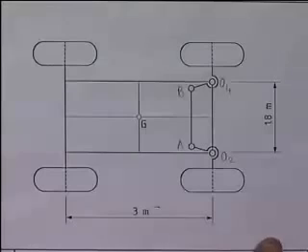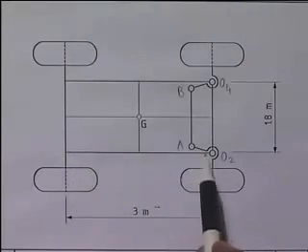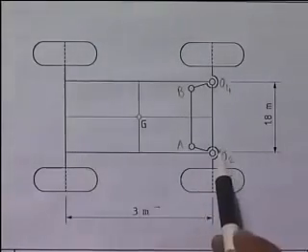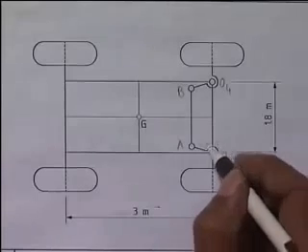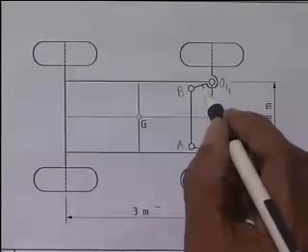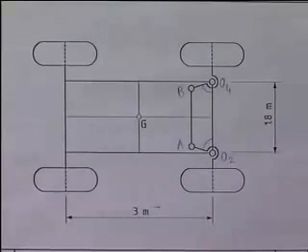Because we can go for 2-point synthesis, we decide that one of the accuracy points corresponds to the straight configuration. And in the straight configuration, the linkage has to be symmetrical, that is, this angle must be equal to this angle.